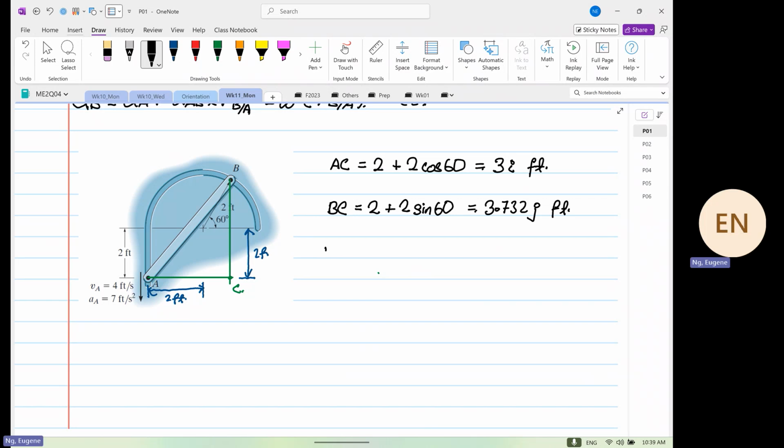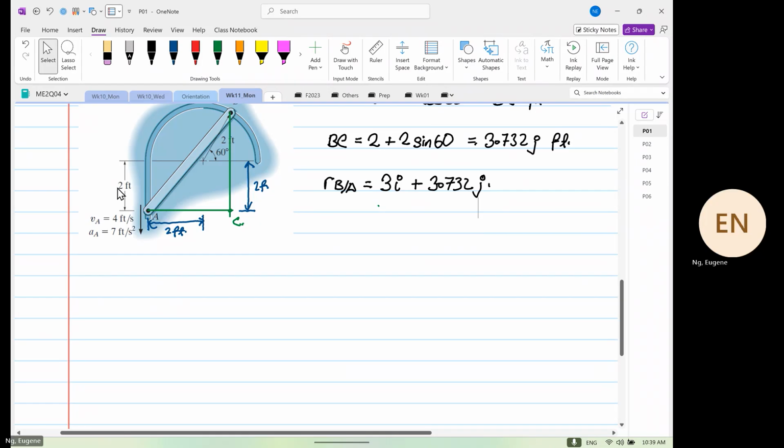So B from point A is 3i plus 3.732j. Okay, so this is the low-hanging fruit. It's easy to do.